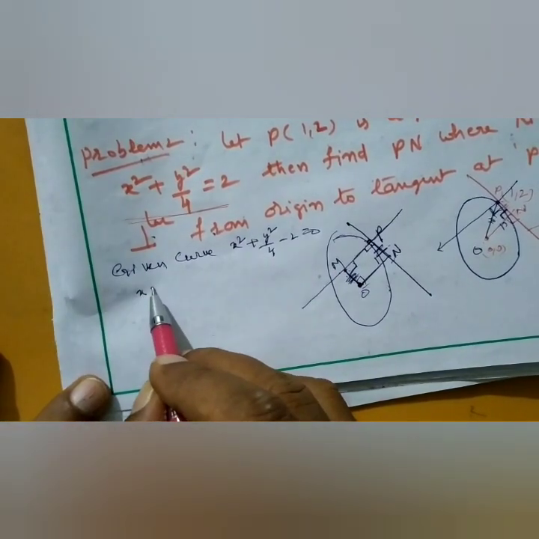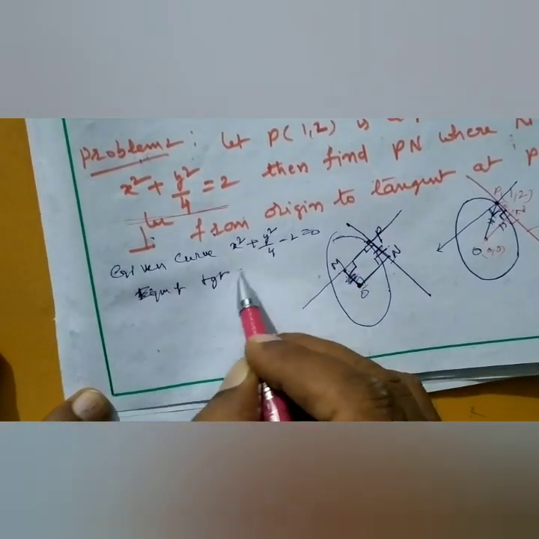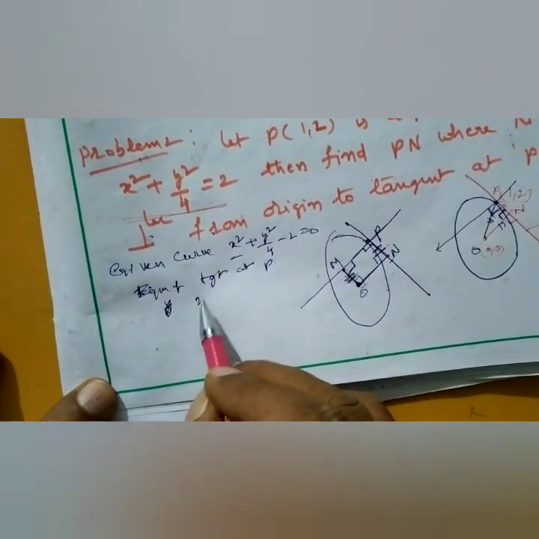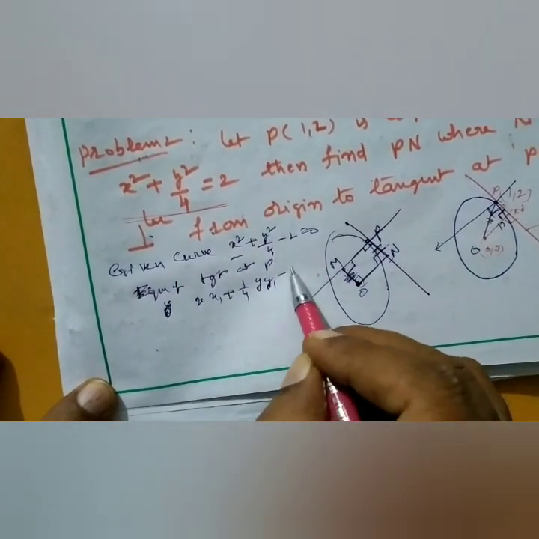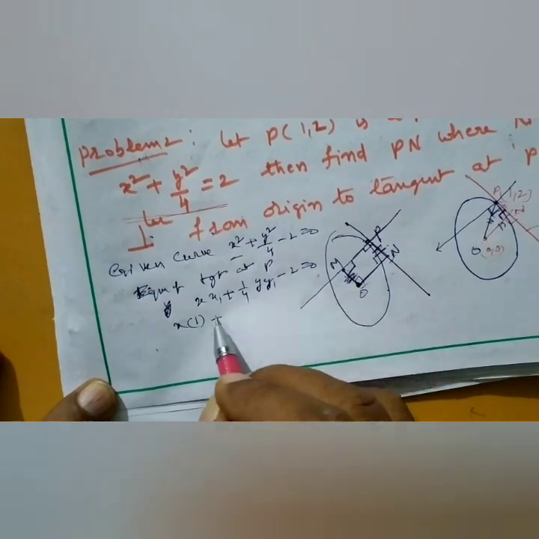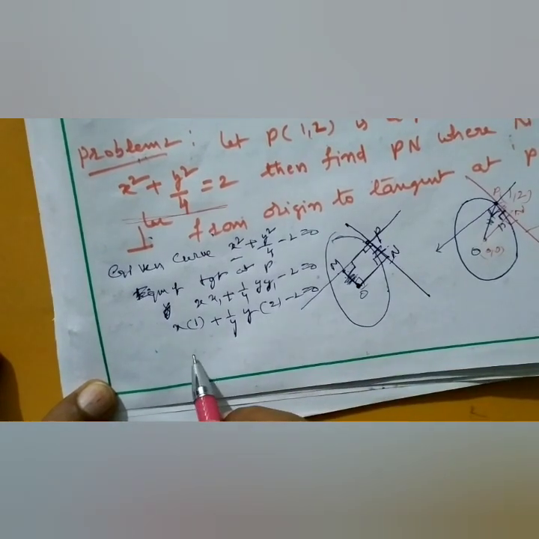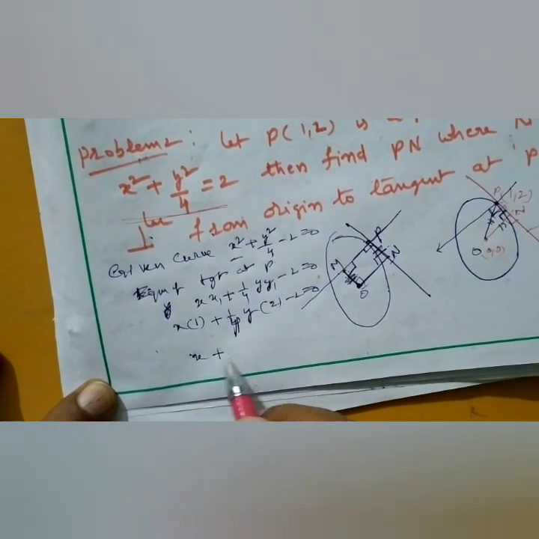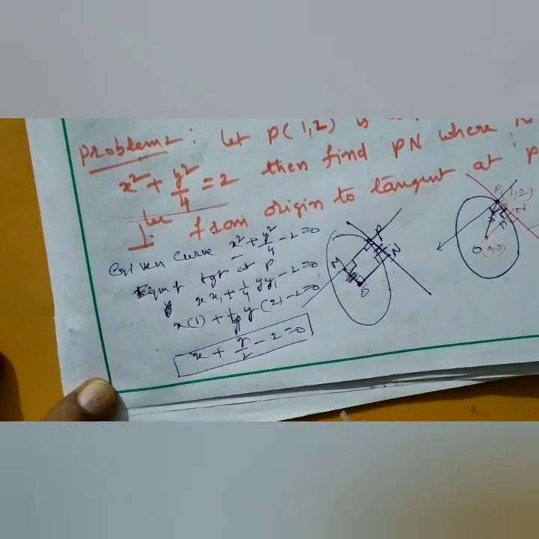Equation of tangent at P: this is x square, so we write x x1 plus 1 by 4 times y y1 minus 2 is equal to 0. x1 means 1, y1 means 2. So x plus 1 by 4 into 2y minus 2 is equal to 0, that is x plus y by 2 minus 2 is equal to 0. This is the tangent equation.